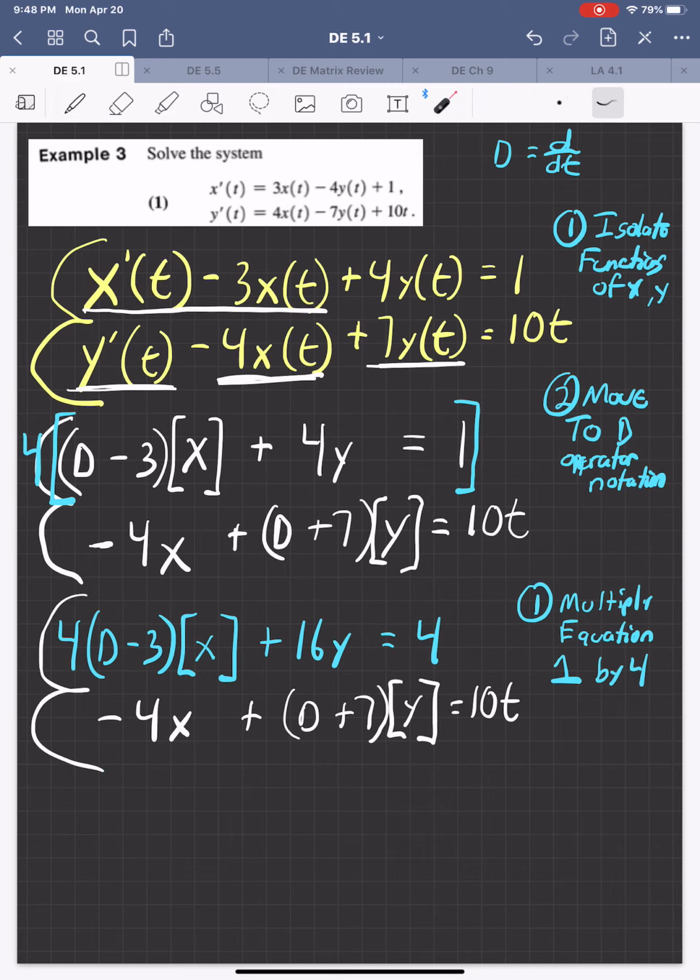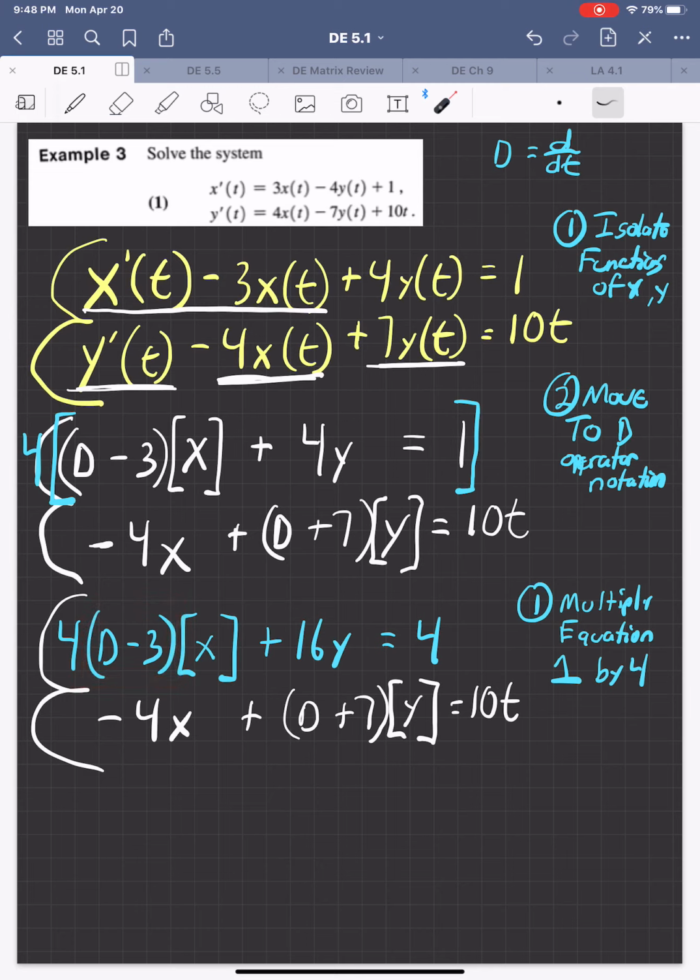Okay, so again, remember the goal is to add these two terms and to be able to cancel out the x's so that we can solve for y. So I think what you and I will agree with right now is we have the 4 and the negative 4, so that's not the problem. What is the problem is we don't have this D minus 3 notation.